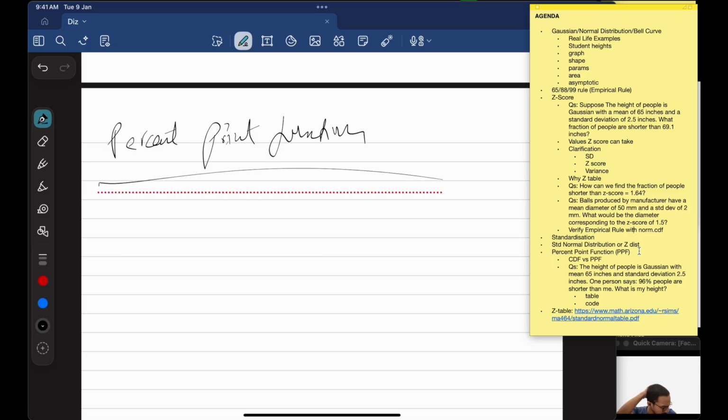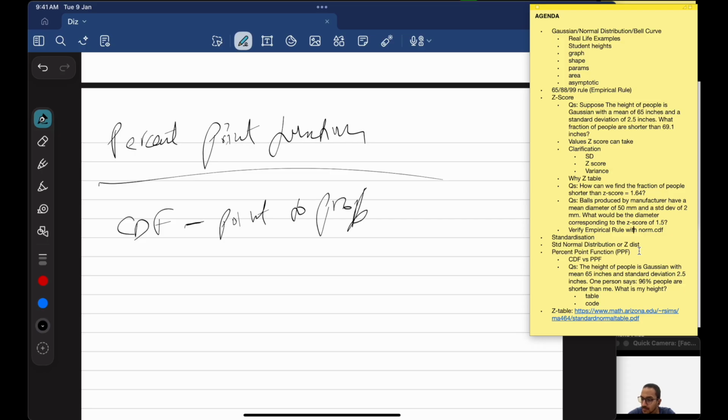So percent point function is nothing but the inverse of CDF, the cumulative distribution function. When I say inverse, what CDF does is we go from point to probability, right? We are trying to find the probability value. This will give us the percentage.